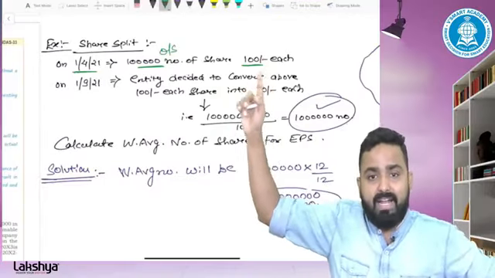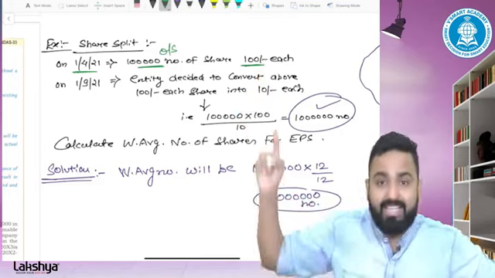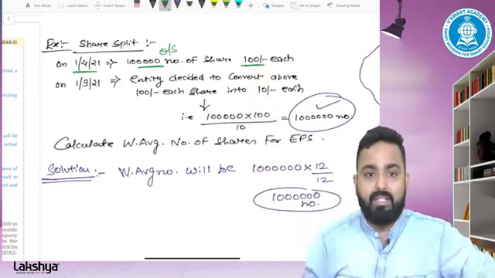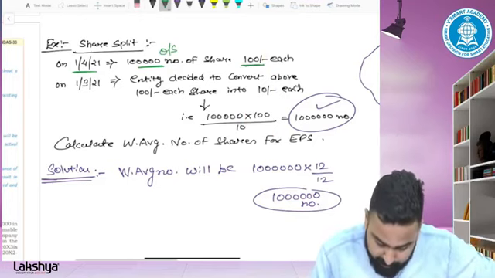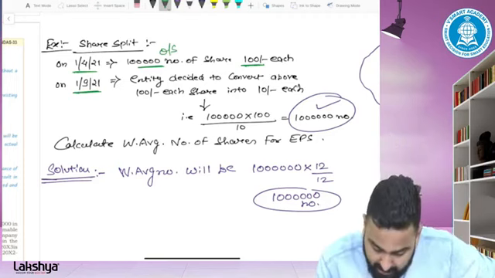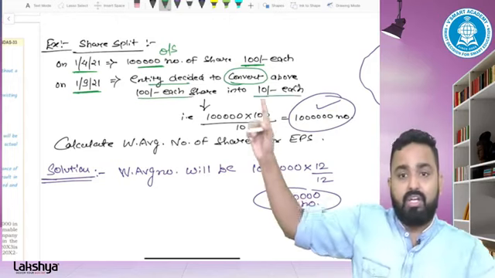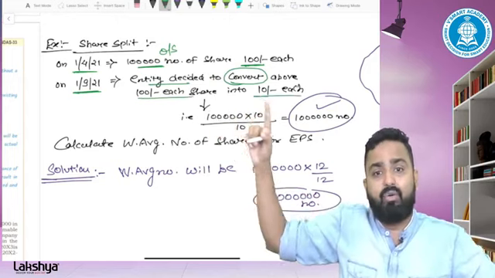We were having 1 lakh shares outstanding of rupees 100 each. On 1st September, the entity decided to convert the above 100 each share into 10 each.